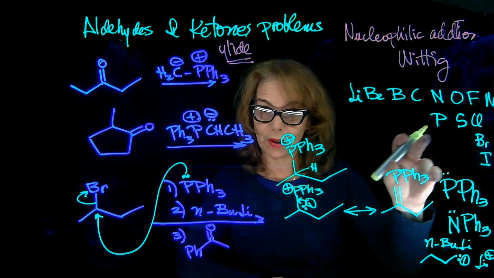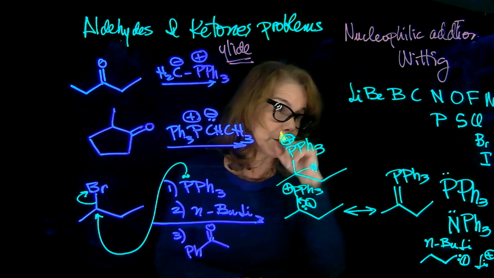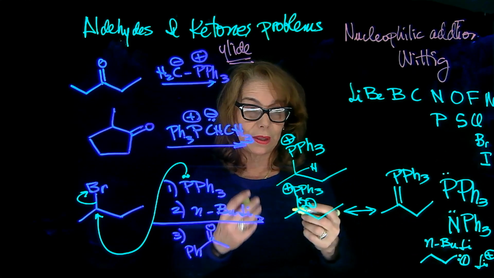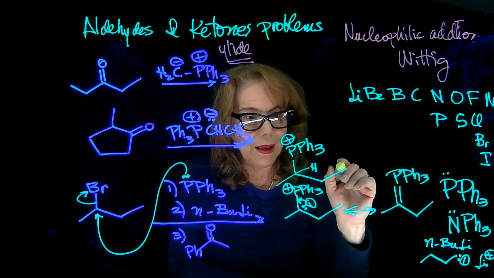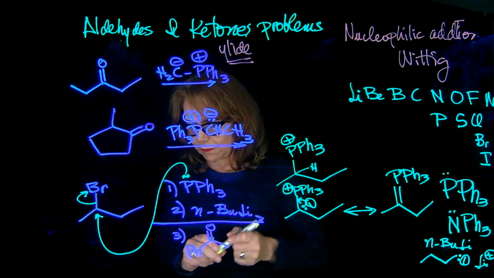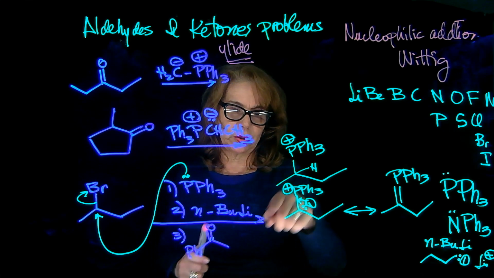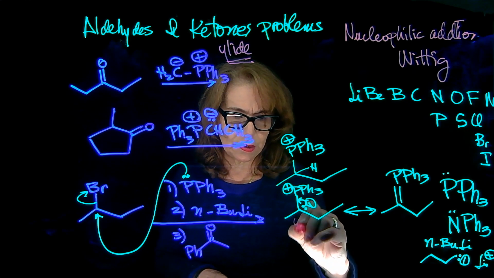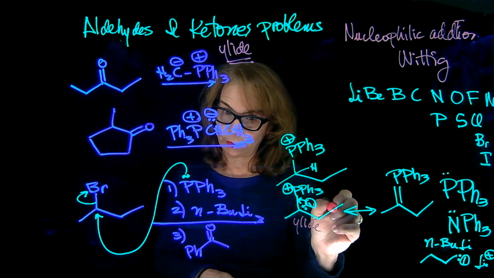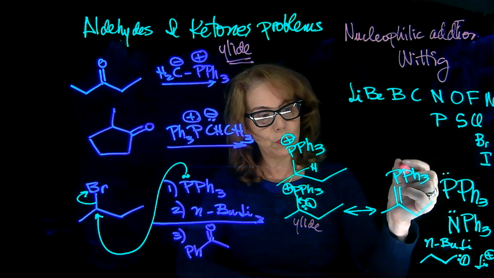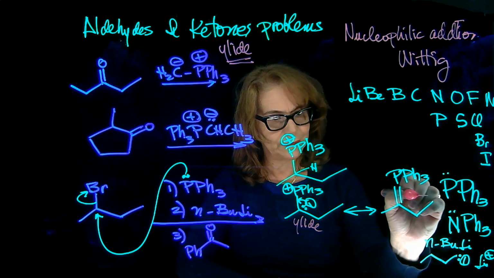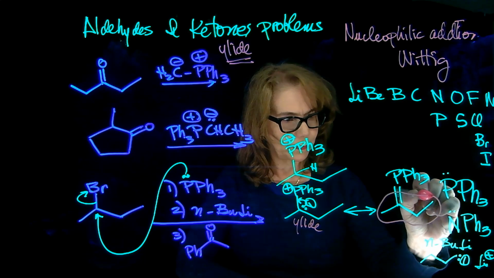You cannot do that with nitrogen, but certainly with phosphorus, sulfur, chlorine, because these are third period in the periodic table. So where you have the negative and the plus, this is your ylide. But I drew the resonance structure of that. That's your Wittig reagent.